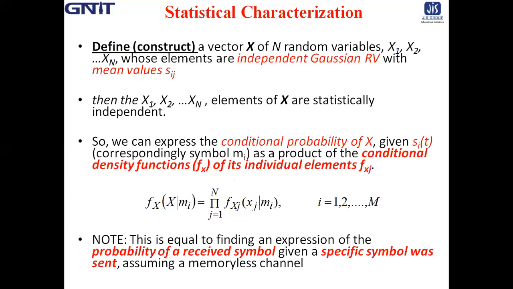up to xn, whose elements are independent Gaussian random variables with mean values equal to Sij and variance equal to N0 by 2.